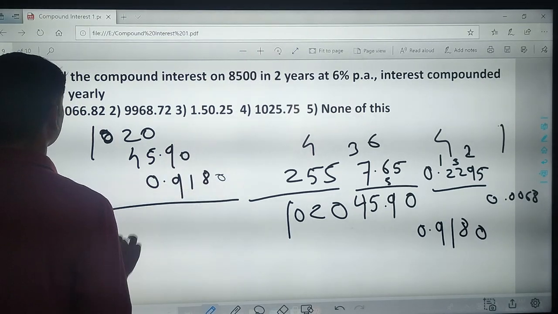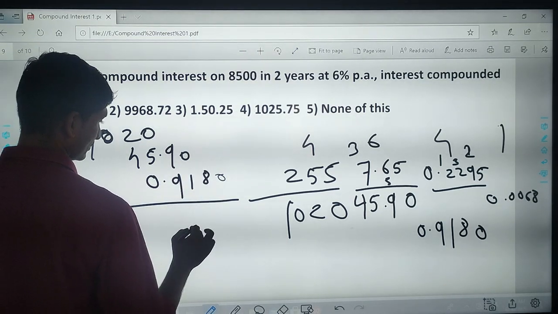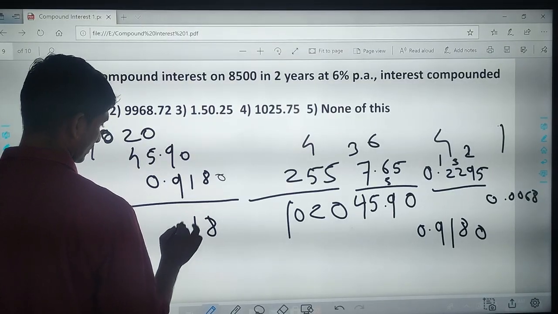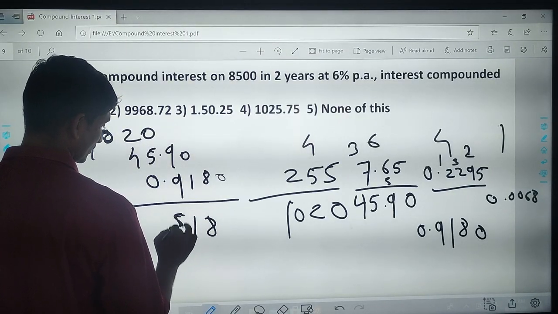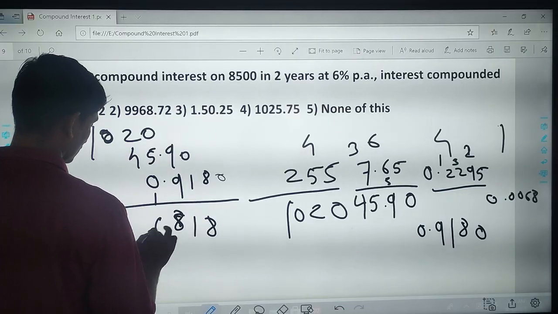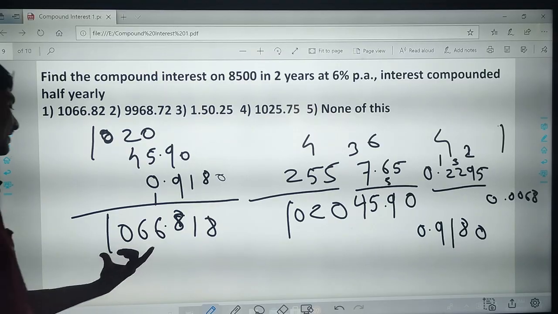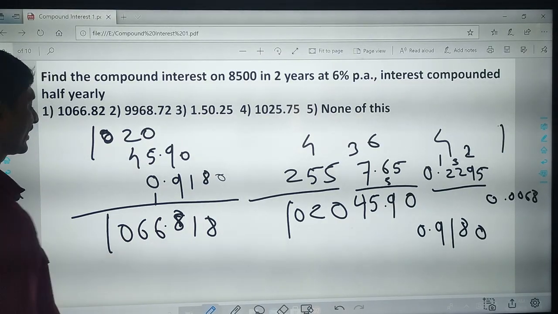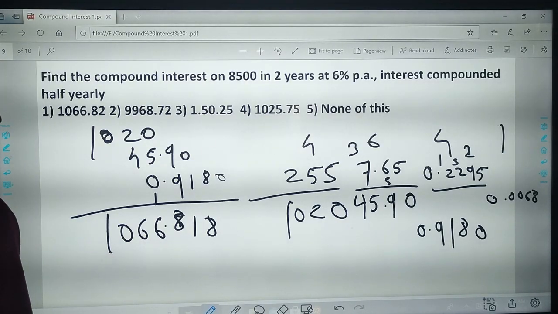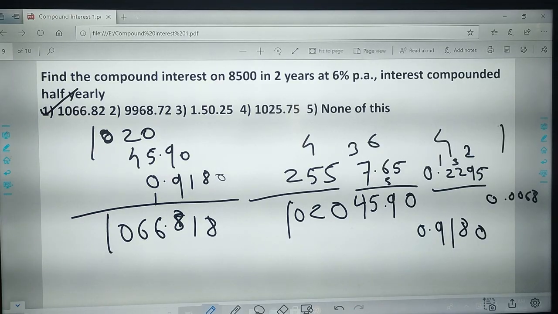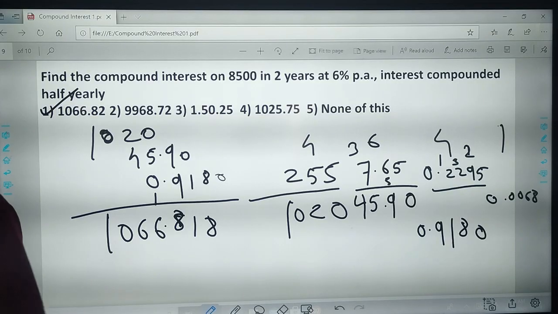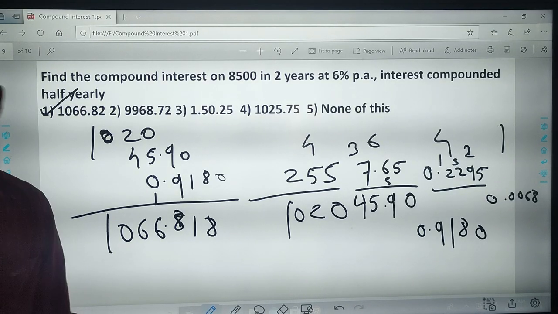Now here we add. Now here the value is 1066.81. Your answer is 1066.81. This is your answer.